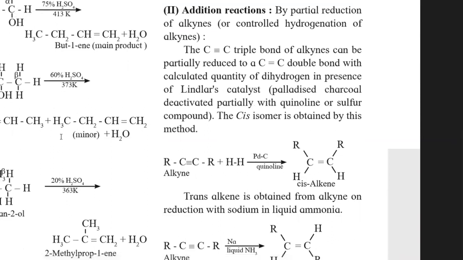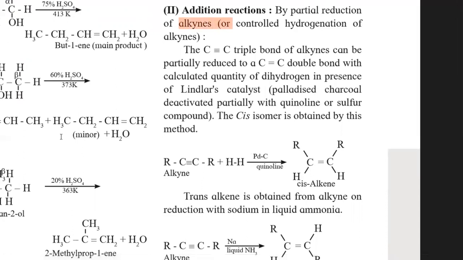Now the second type of preparation method is addition type of reaction. So addition means two groups are added across a double bond or triple bond, and addition of hydrogen is called hydrogenation. And here we will carry out the partial reduction of alkynes.